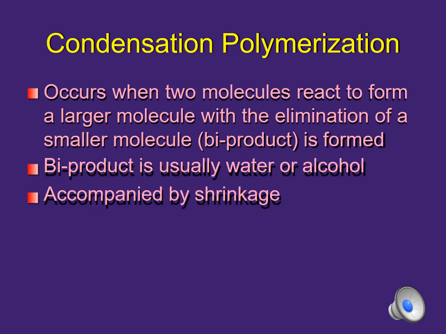Condensation polymerization occurs when two molecules react to form a larger molecule, not usually the same, with the elimination of a smaller molecule, a byproduct. The byproduct is usually water or alcohol, accompanied by shrinkage.